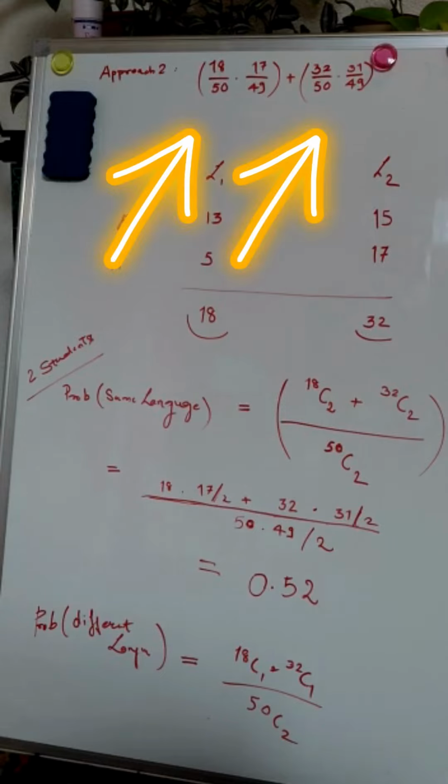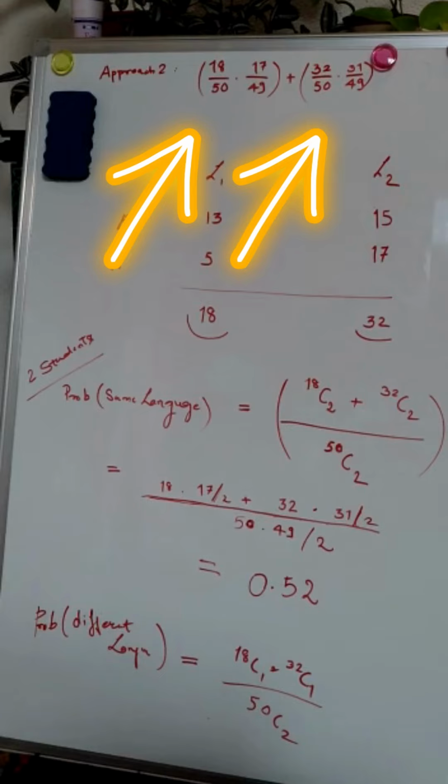There is another approach to doing the same thing, or thinking about this problem. First you pick two students studying language 1, and compute that probability, and then you compute the probability for language 2, picking two students out of those 32.